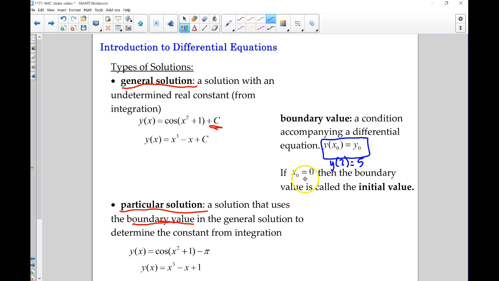If it happens that this input for x is 0, so it could look like y of 0 is equal to 3, that's when we're going to call this an initial value. Okay, so boundary value, initial value, just a little change in terminology. And that really is an introduction to differential equations.